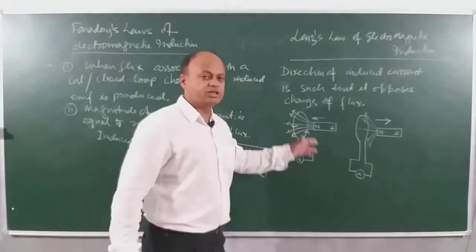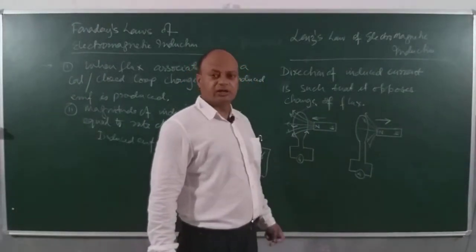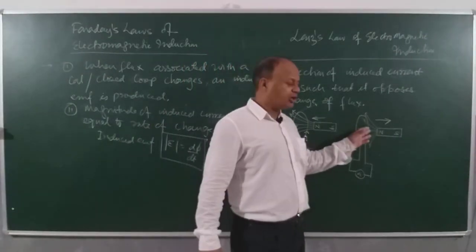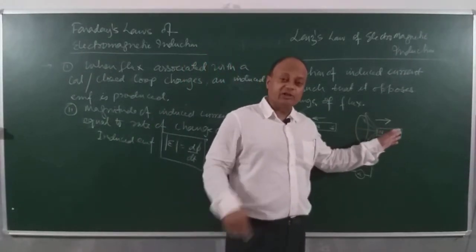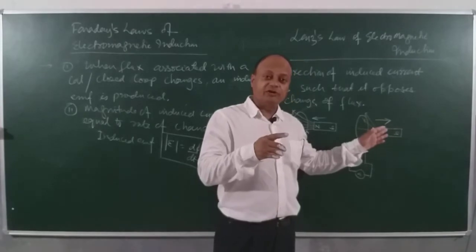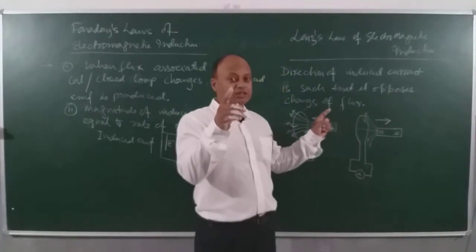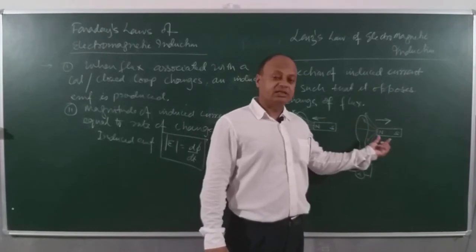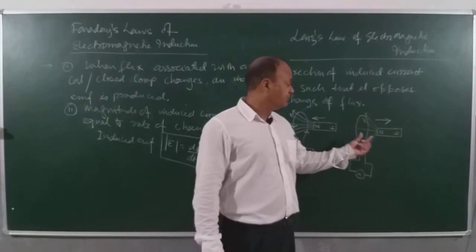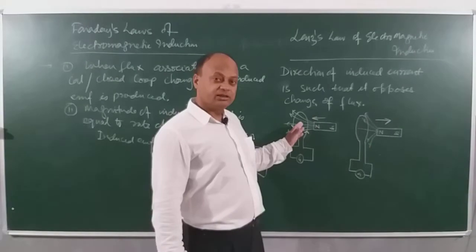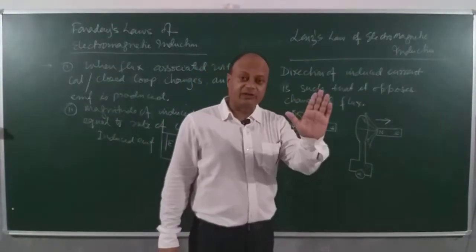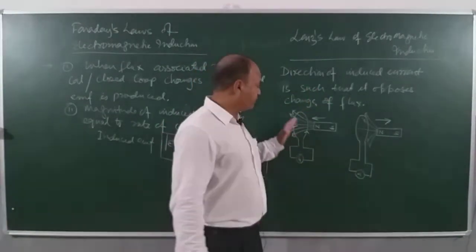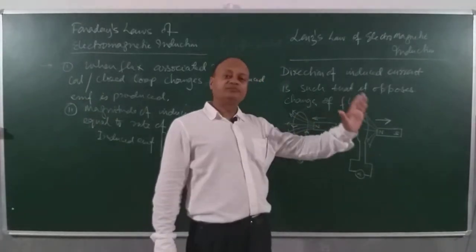Anti-clockwise current, because anti-clockwise current produces what? A north pole. Here the north pole is going away, the flux is decreasing. Then also the nature of induced EMF is what? To oppose change in flux. Here also it is opposing the change in flux. Here flux was increasing, so it tries to cancel the flux by producing its north pole and pushing away the north pole.